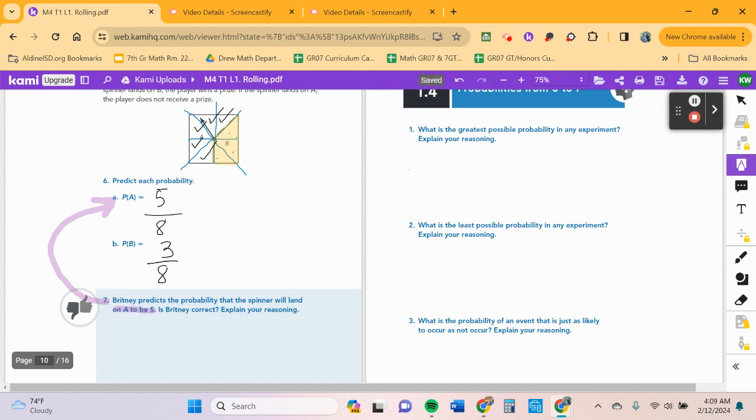The probability of it being 5 is not correct simply because probability, the chances and likelihood of something happening, is expressed in fraction form or decimal form or percent form, because the highest probability is one whole, meaning 100% of the time that I spin my spinner, this outcome will happen.